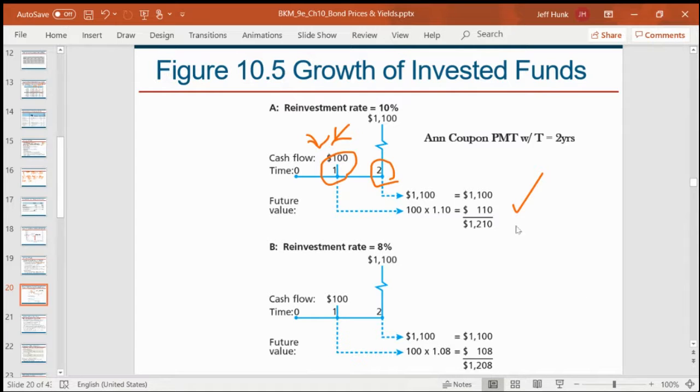So that's why eventually, this is basically compounding. That's why you have 1,210 at the end of year two, if it was reinvested. But what if the reinvestment rate is not 10% anymore, but 8%, right?